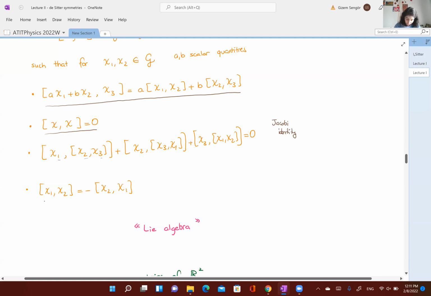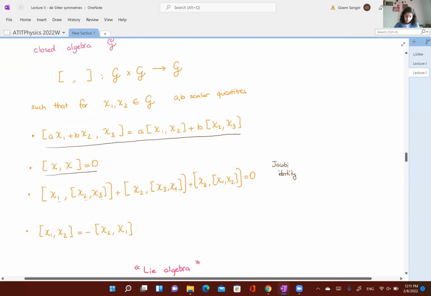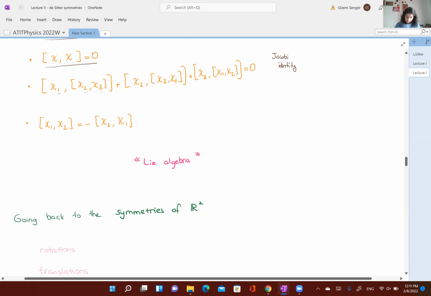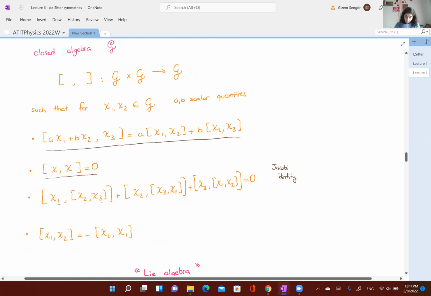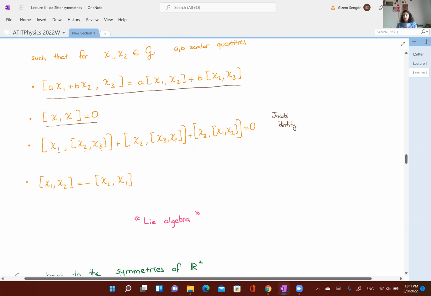And if you reverse the order of the entries, you just get an overall minus. So these are the properties of the algebra, and this algebra is called the Lie algebra. For every Lie group, there is also this Lie algebra. It governs the structure, the properties of the generators. And the generators are useful because you can talk about building representations of them.